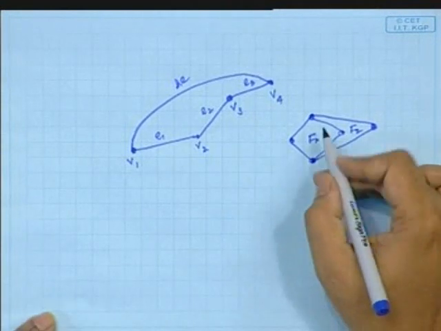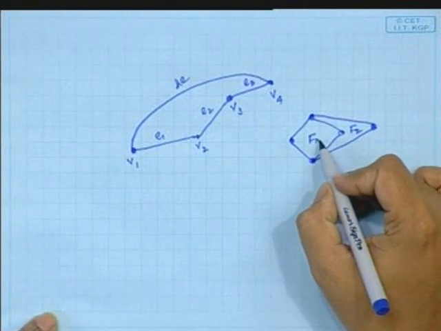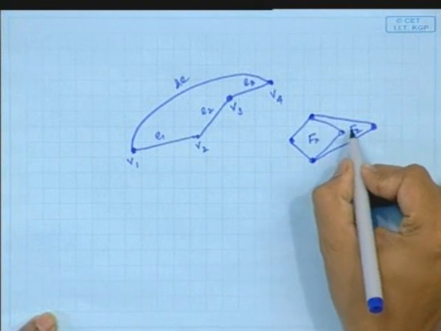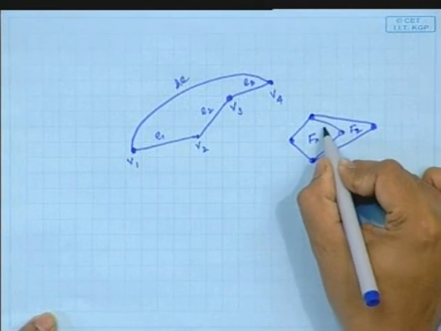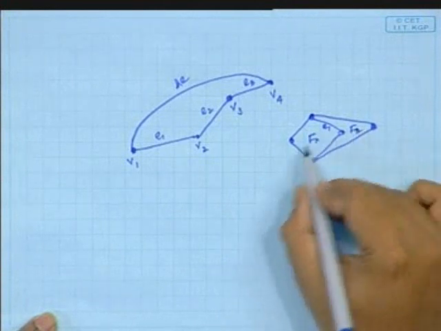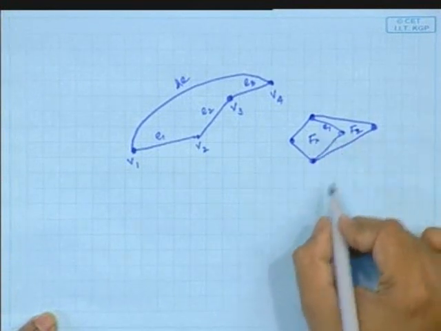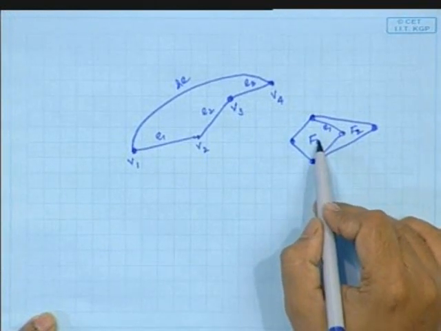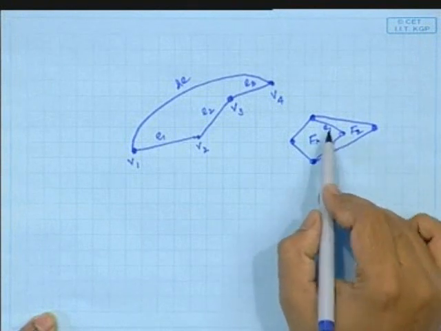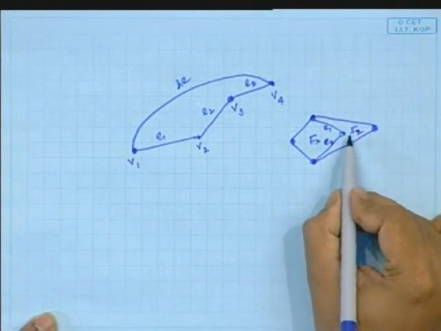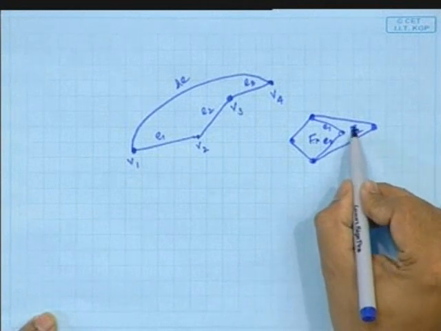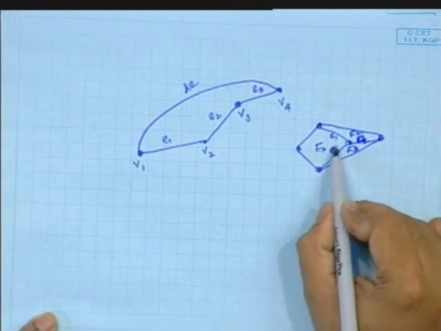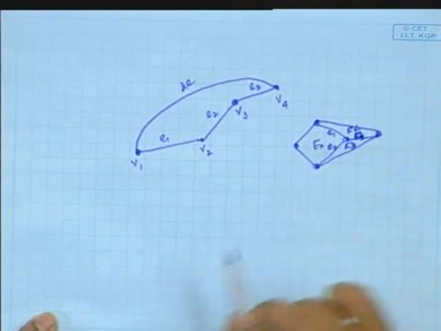So these will be vertices, and if the faces have an adjacent edge, that means F1 and F2 share an edge E, then its dual will have an edge between F1 and F2. So in its dual, F1 will be a vertex and F2 will be a vertex, and there will be an edge between F1 and F2 due to E1 and E2 here, right? So if I have F2 and here F3, then there will be a connection between F1, F2 and F3.